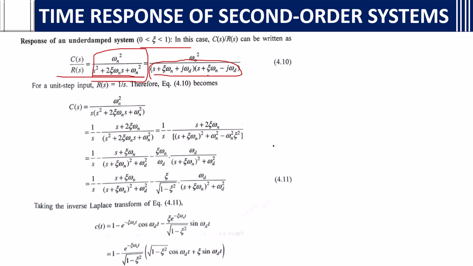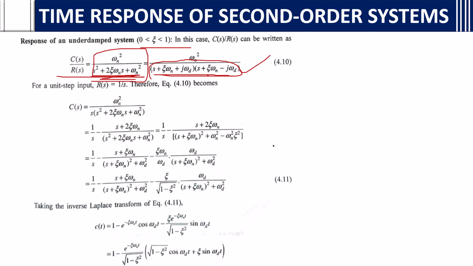You can multiply and check. What they have done is omega d square and minus omega d square is added to the equation, so that you get this equation.